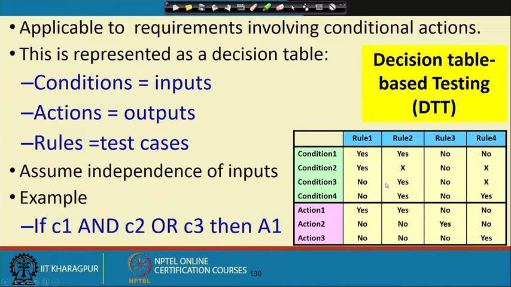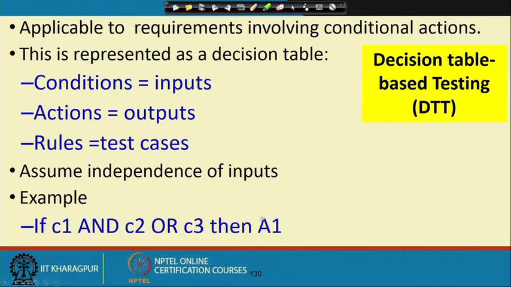Just to get a feel of it, let us try to do the decision table for the expression given here. Let us assume that C1, C2, C3 are Boolean expressions, and if this is true, then A1 is the action.